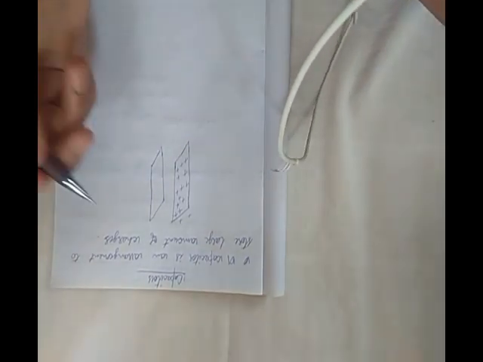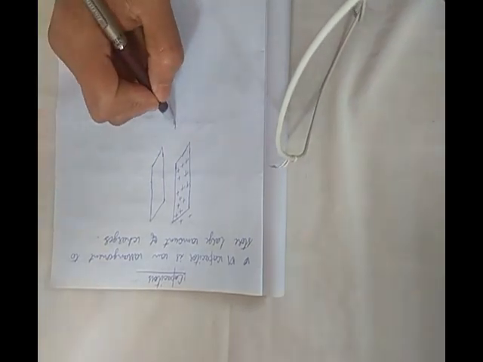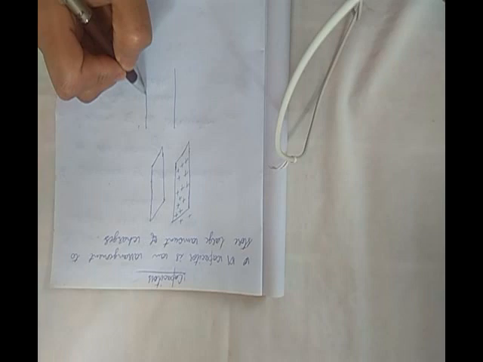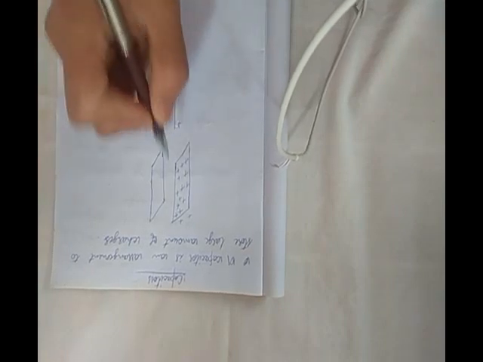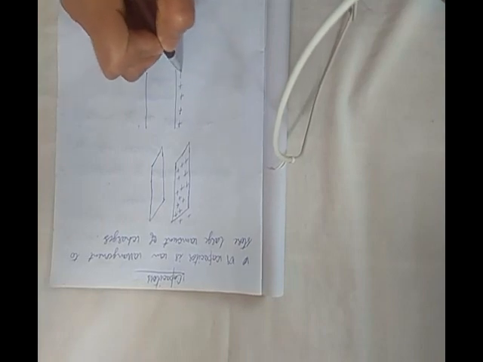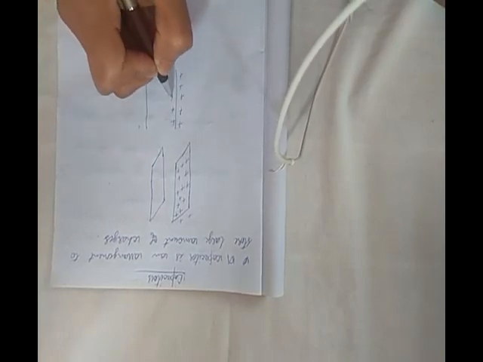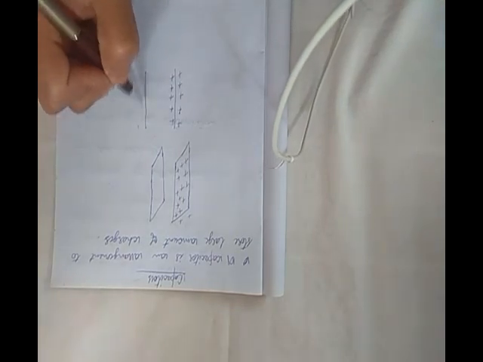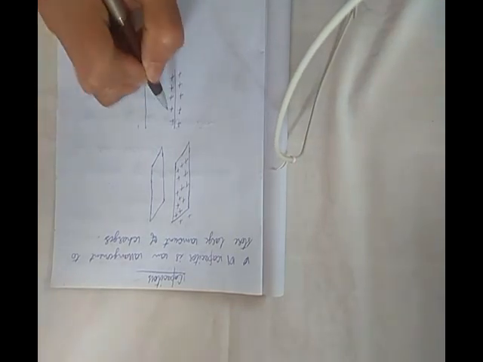Now what happens? Let me just draw these two plates as two lines. This first conductor has been given positive charges, and we bring another neutral conducting plate in its vicinity.